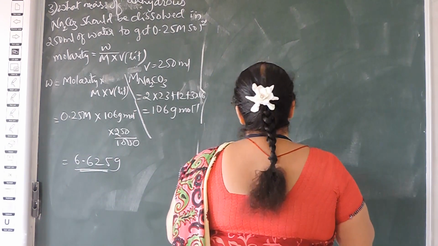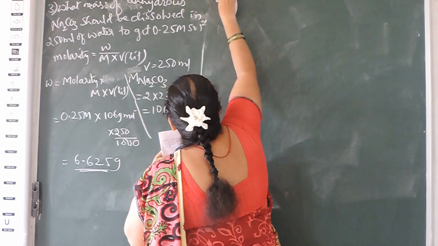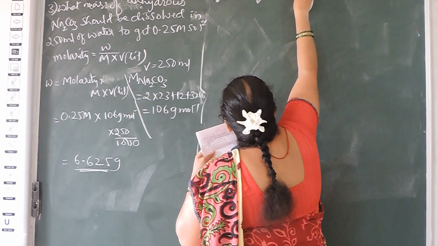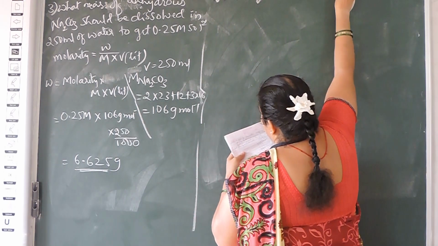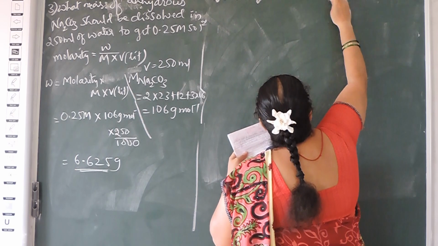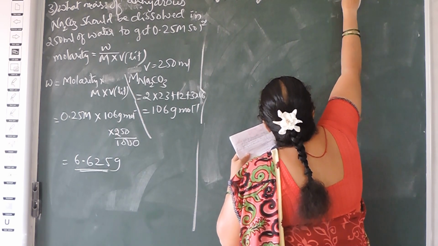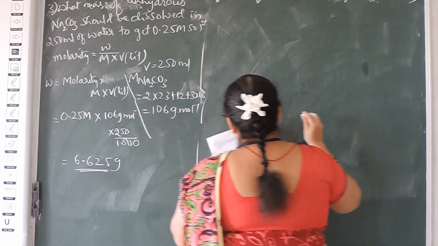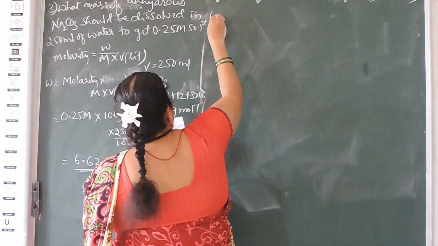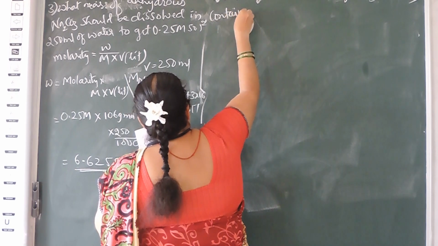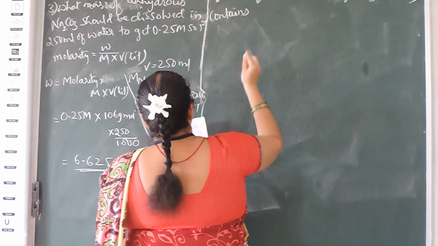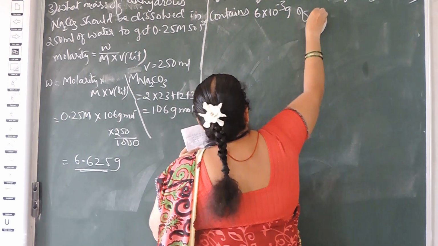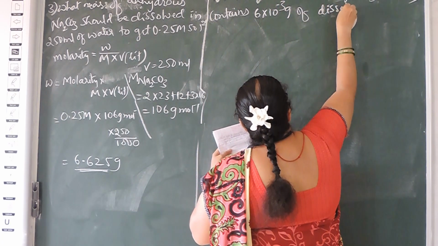Question number 4. A liter of seawater, weighing 1030 grams, contains 6 into 10 raised to minus 3 grams of dissolved oxygen.